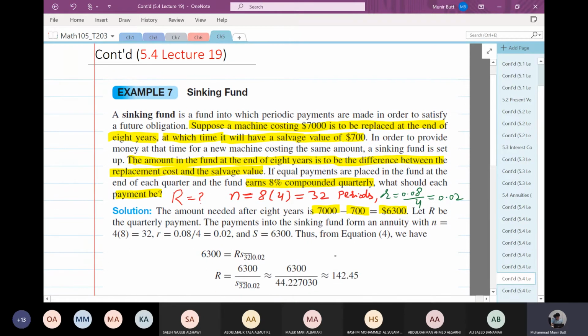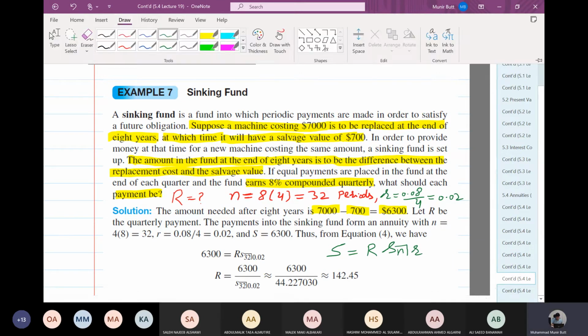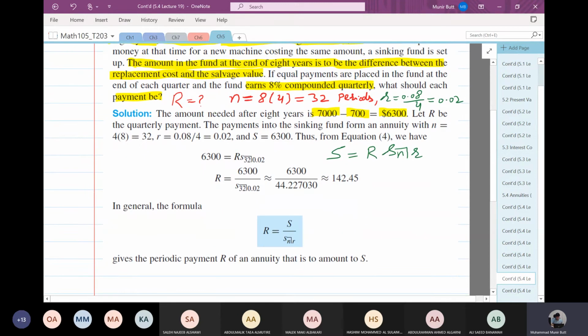So what is the sum? Means future value. S is equal to R into S_{n|r}. So you just plug these values. So what will you get here? From here you are actually interested in finding what is R. So what is S given here?